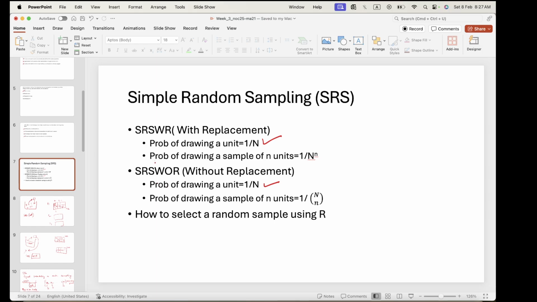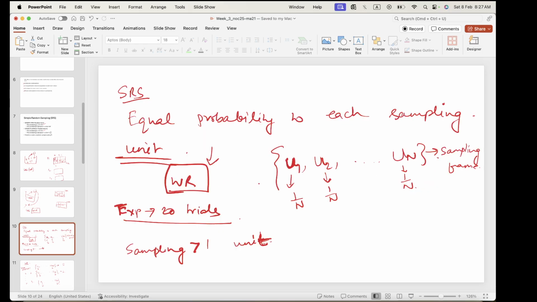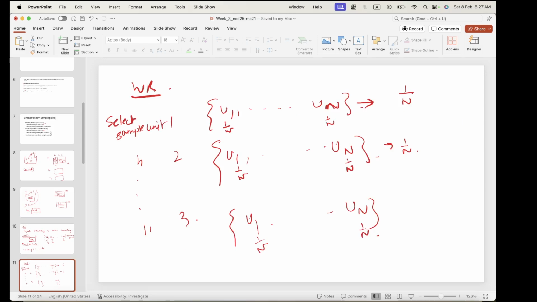So this is the same thing, probability of drawing a sample of n units. So when I'm talking of a sample of n units, this is with replacement. So I am selecting one from here, that probability is 1 by n. One from the second time, that probability is 1 by n. And then one from here, that probability is also 1 by n.